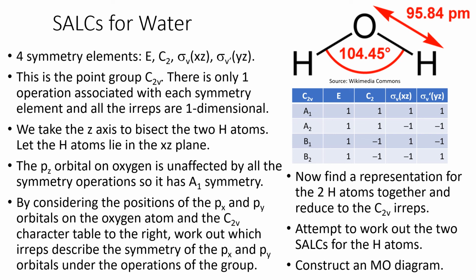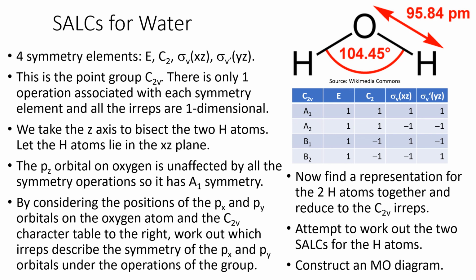Then we can consider the H atoms. Again, we'd consider them together, and we've got to find some representation for those two atoms acting together under all the operations of the group, thinking about how many atoms remain unchanged. And then once we've got that representation, we'll have to reduce it to find what C2v irreps describe the two H atoms.